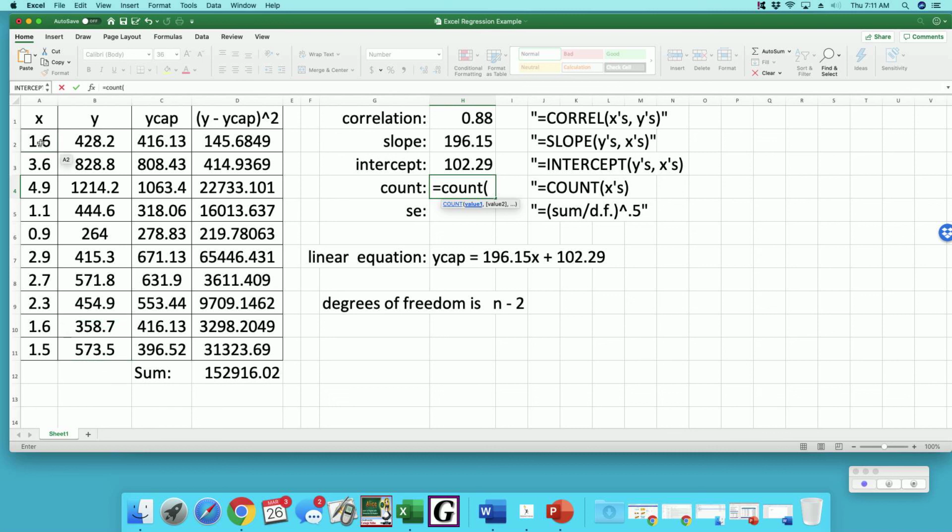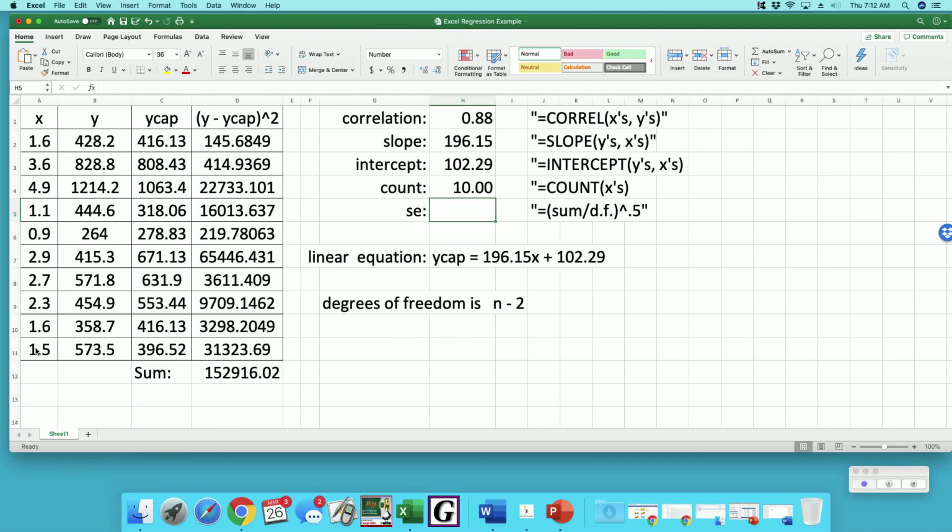So I'm going to highlight just the x column. I'm going to close my parentheses and press enter. And there are 10 elements, 10 data points. So my degrees of freedom is 8, because 10 minus 2 is 8.